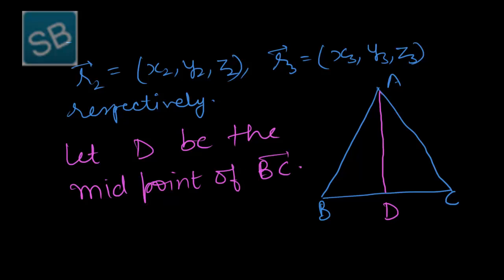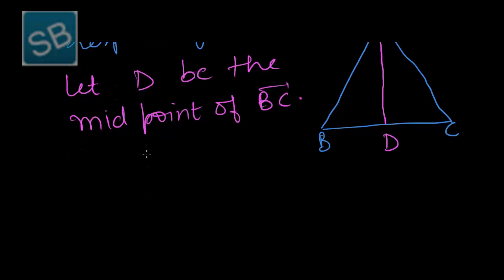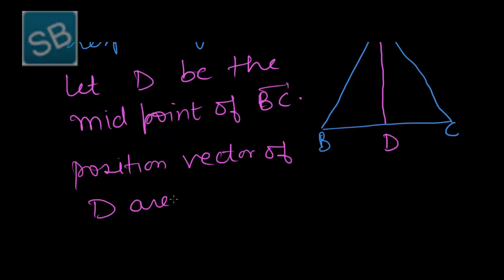So by the first application of section formula, the position vector of D, here B has position vector r2 and C has position vector r3.